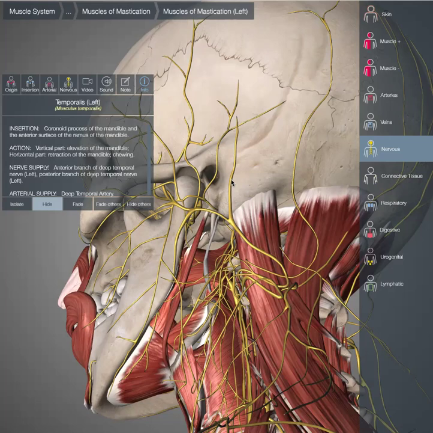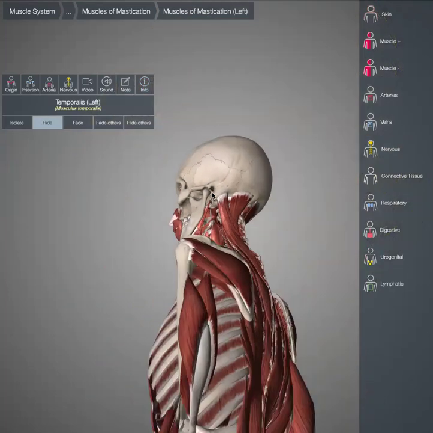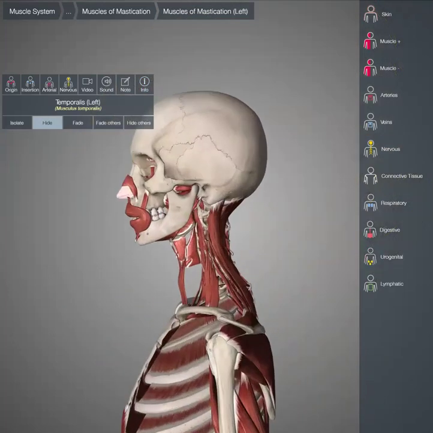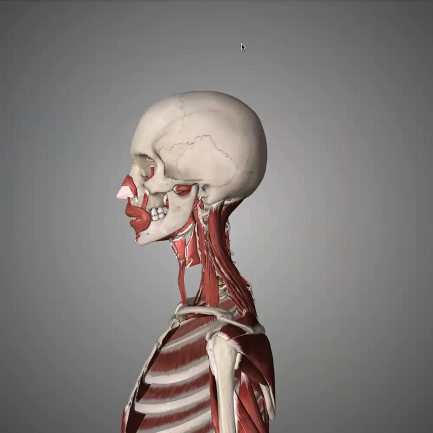Just so that we have a good revision on the nerves, you have the trigeminal, then ophthalmic, maxillary, and mandibular. Then the mandibular splits into two, anterior division and posterior division.